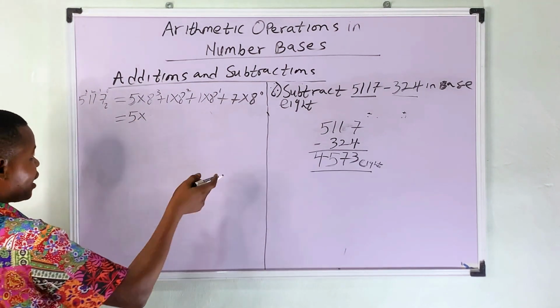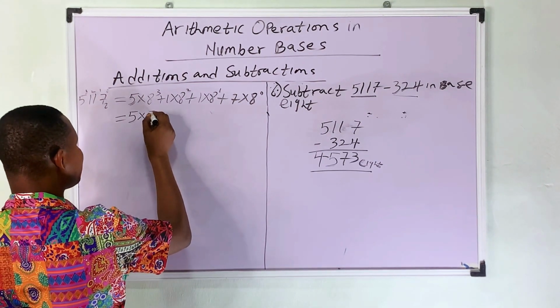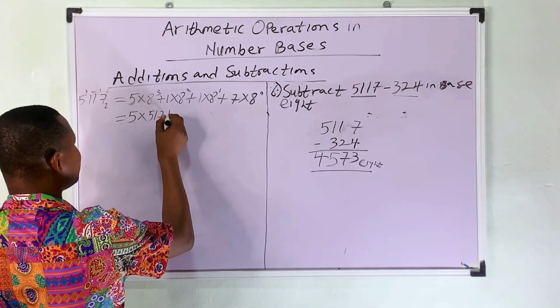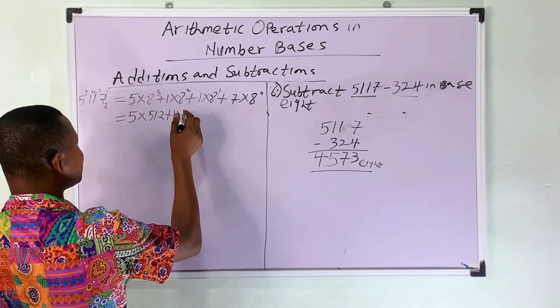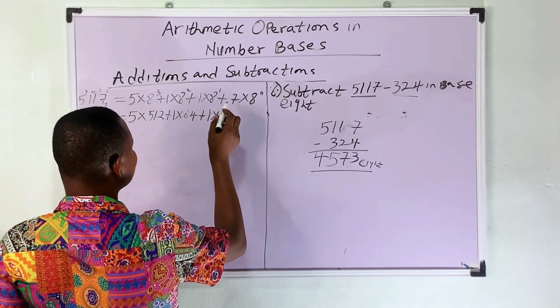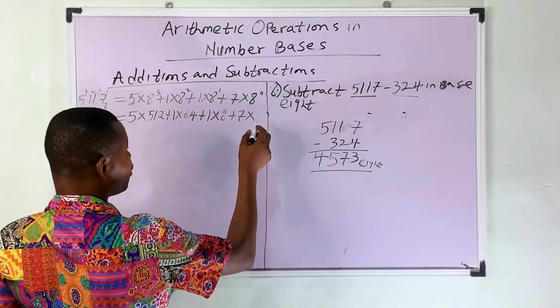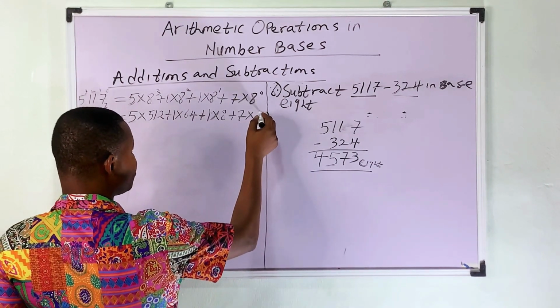That is 8 times 8 will give us 64. 64 times 8 will give us 512, plus 1 times 8 raised to power 2 will give us 64. Then plus 1 times 8 raised to power 1 will give us 8, plus 7 times 8 raised to power of 0 will give us 1.